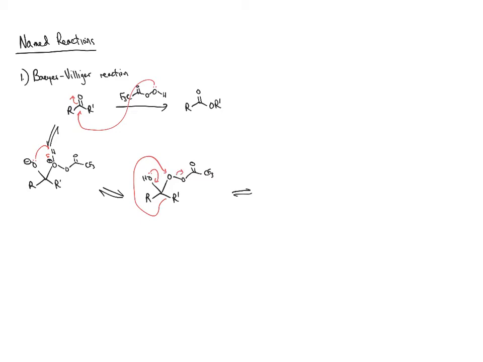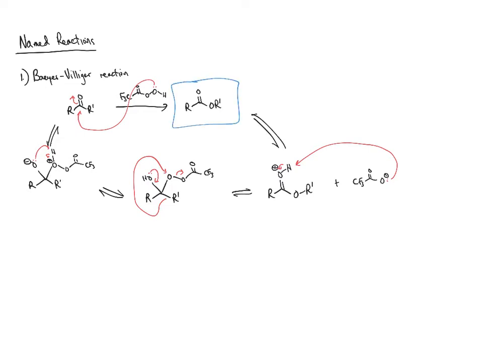And so what you're left with is a species that has a proton still attached to the carbonyl and oxygen in between the carbonyl carbon and the R prime group. Of course, you have trifluoroacetate as well, and trifluoroacetate is then going to deprotonate the protonated ester to give you the final product.